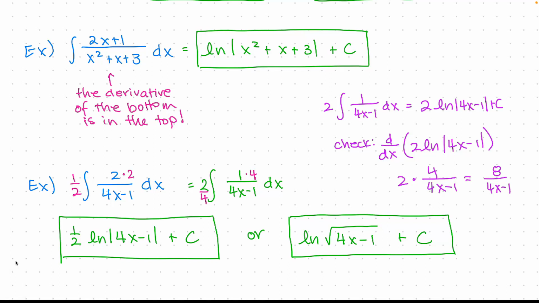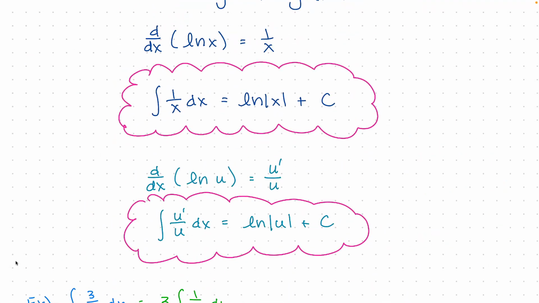Then why does the formula not work? Well, the formula says the derivative of the bottom should be in the top. So that's the thing. Even though this is just a plain old x, like here, that's 1 over x to the first power, and then it's just the argument. We don't have to worry about anything.